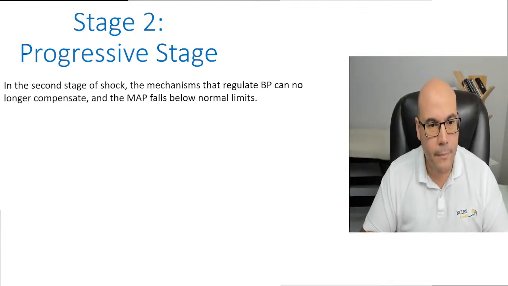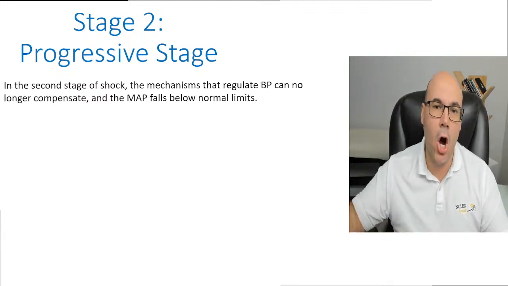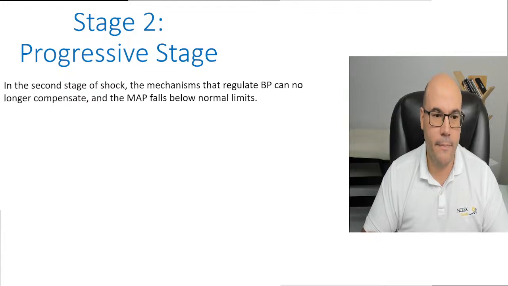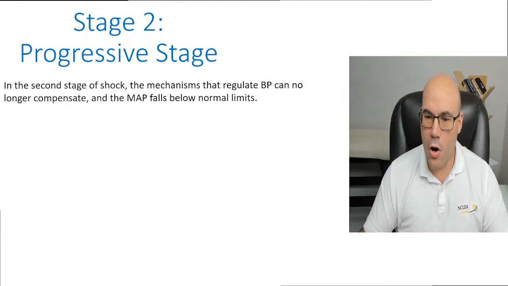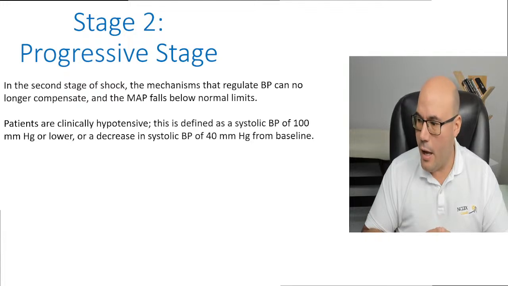or MAP. Usually we're going to see a mean arterial pressure below 65. So now our patient is going to be significantly hypotensive. We're going to see a systolic BP of less than 100, and a decrease in diastolic blood pressure.